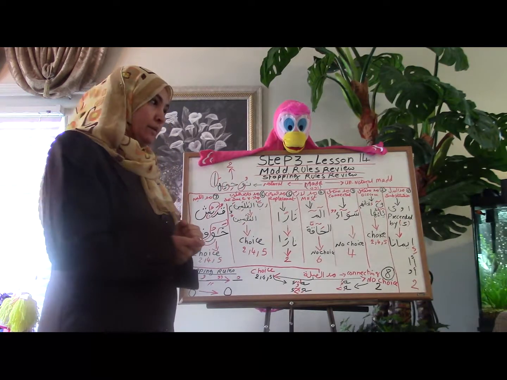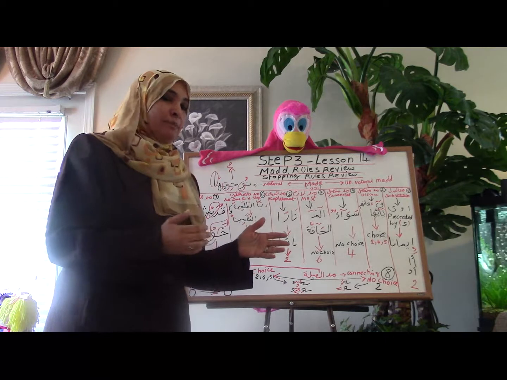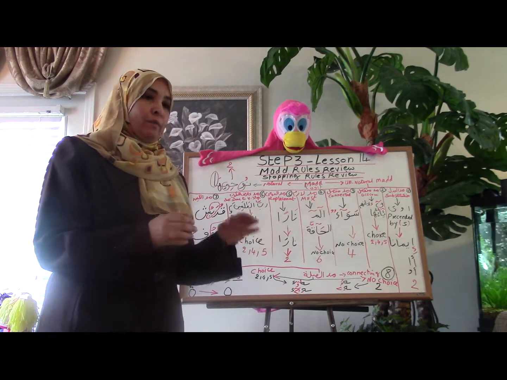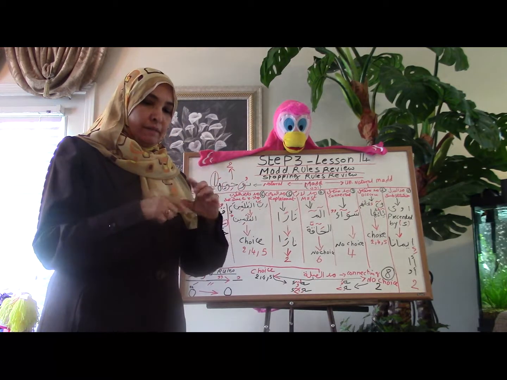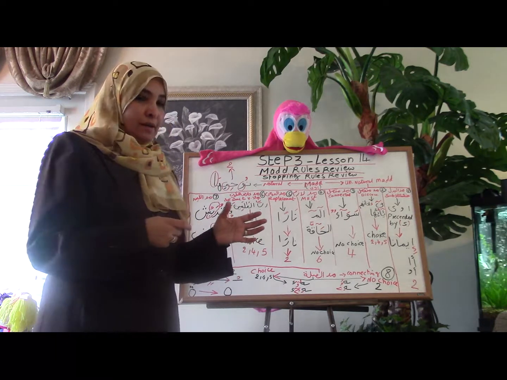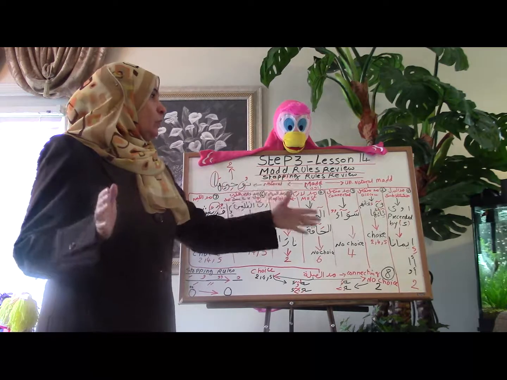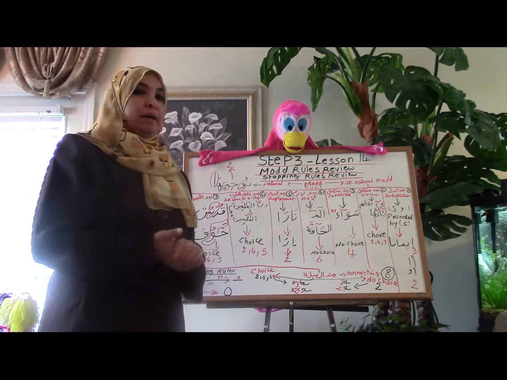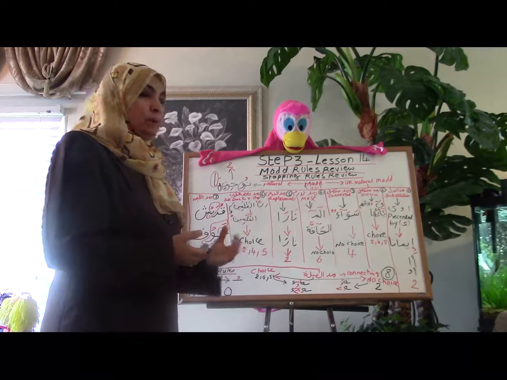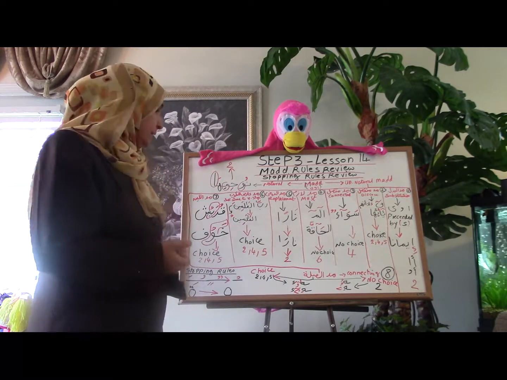You can hang it next to the alphabet table. Remember in step one we made the alphabet with the fuzzy sticks. I hope you still have that table or board. So make a new board for the mad rules, put it together, and that's the only way you can remember and make it easy, okay?